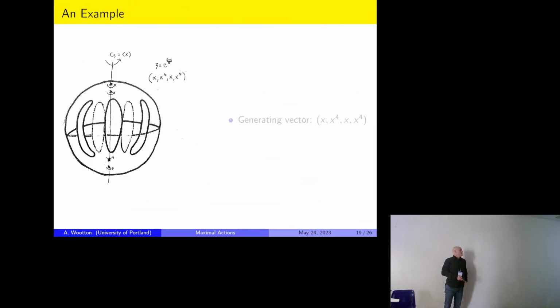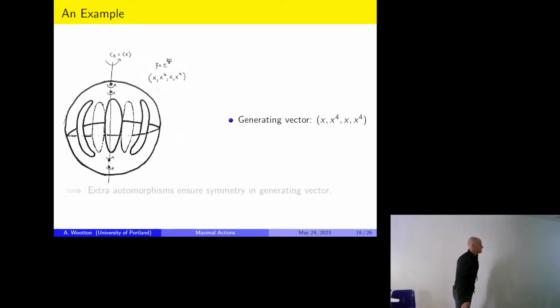Okay, so once again, returning back to our example, in this case we have the following generating vector. And there's a reason the generating vector appears as it does, because the existence of this cyclic 2 action moves these two fixed points down to those fixed points as well.